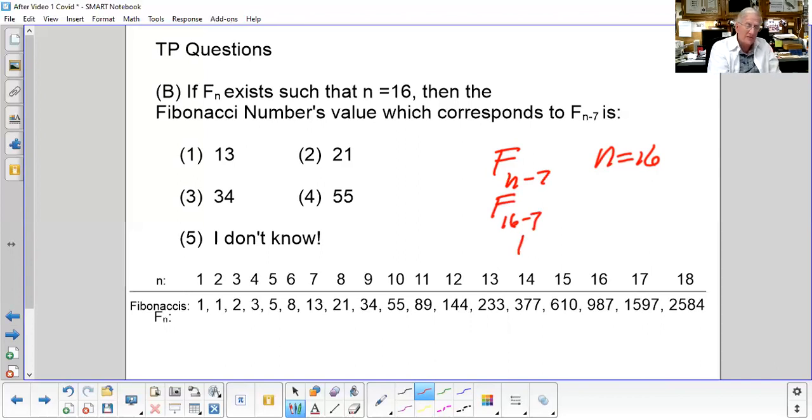We get f sub 9. So the ninth Fibonacci number in the series is the number 34. So f sub 9 is 34, okay? And f sub n minus 7 is also 34 because we're putting 16 in the place of n.